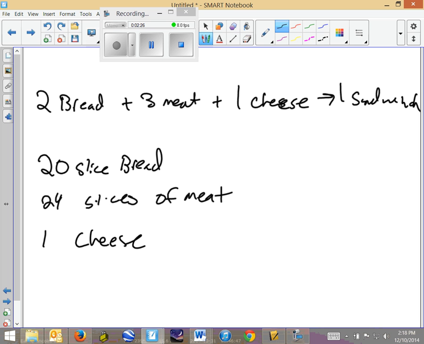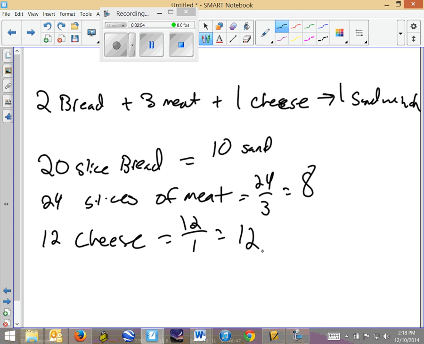So if I look at each of these individually, if I had 20 slices of bread, I know for a fact I can make 10 sandwiches. If I had 24 slices of meat, 24 divided by 3, because I need 3 for each sandwich, I can make 8. And if I had 12 slices of cheese, I could make 12 sandwiches, okay?